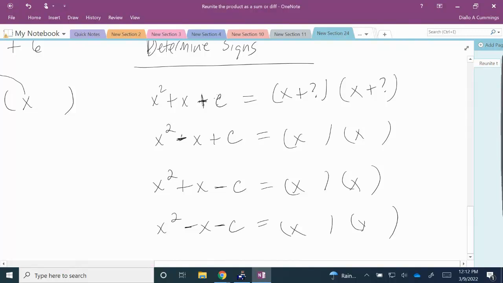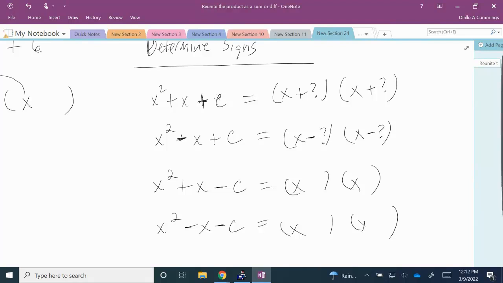In the second scenario, my last term is positive, so both of the numbers are going to have the same sign as the middle sign. Therefore, both of these numbers are negative. So in a nutshell, if your last term is positive, both of the numbers you're using are going to have the same sign as the middle term.